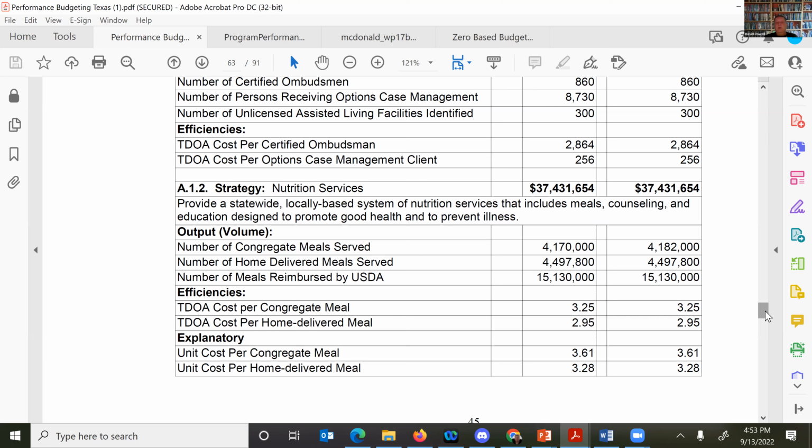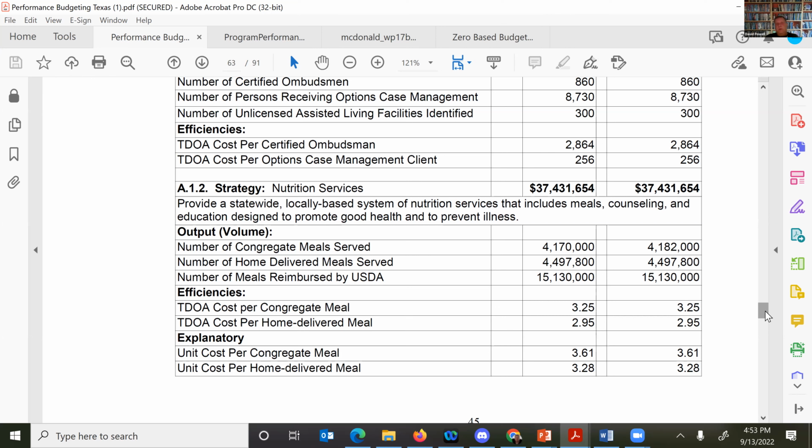If you feel that $3.25 per congregate meal served is too much, then we're going to have to find some efficiencies to try and lower that $3.25 per unit cost, hopefully down to maybe $3 or $2.95. We're going to have to find some efficiencies there because we now know how efficiently and how effectively we are spending the money that we are receiving as an organization.